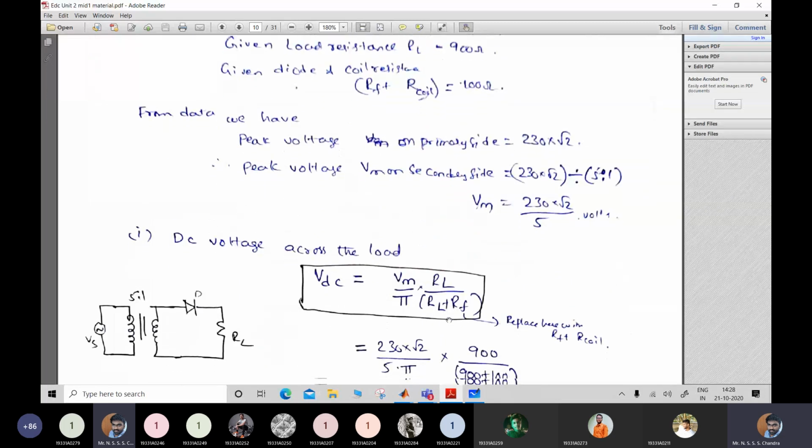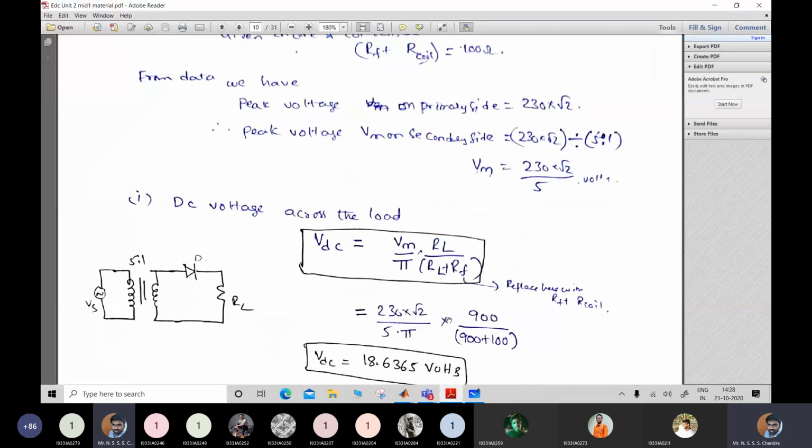Then what we are doing, earlier we have considered an expression where we neglected the RF value, right? Because the diode resistance is very small. However, now not only the diode resistance is in the circuit.